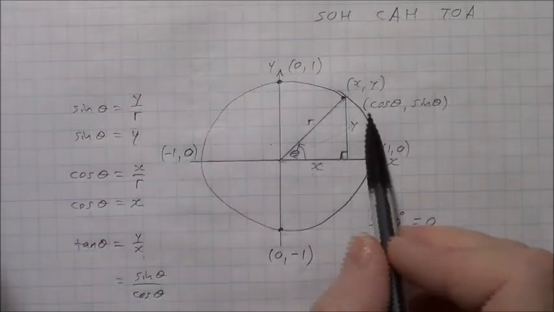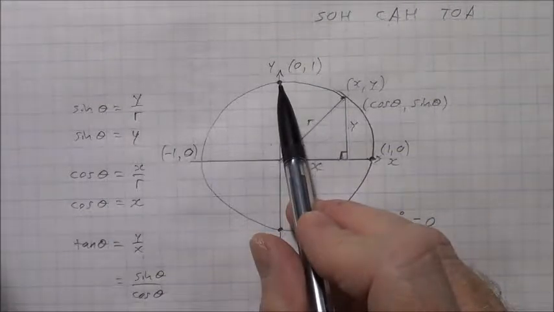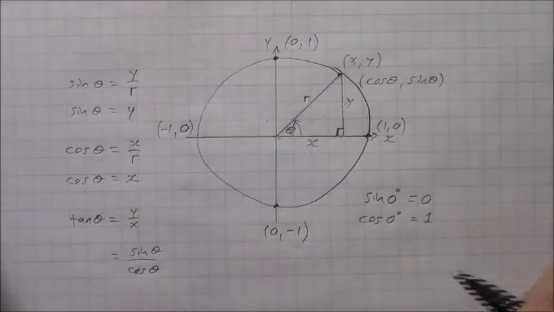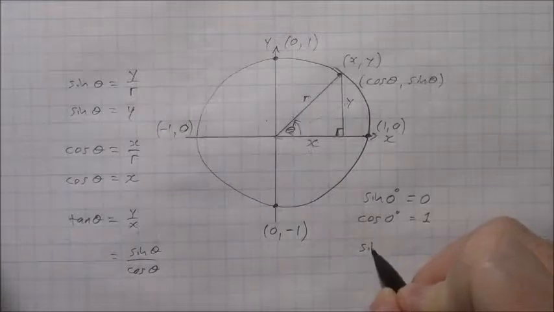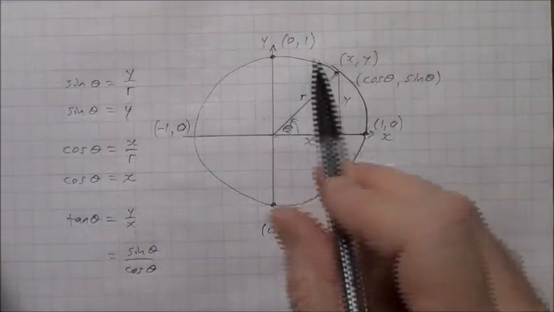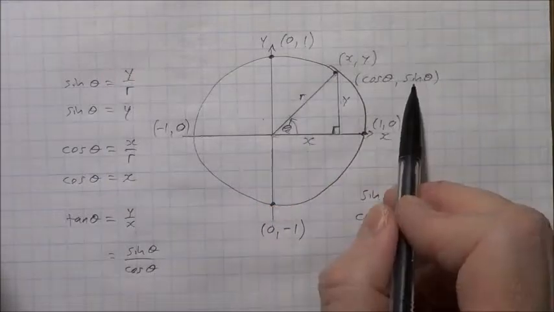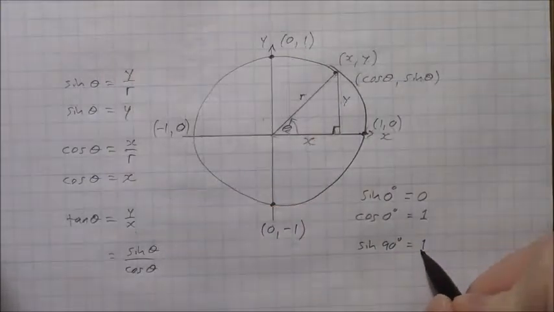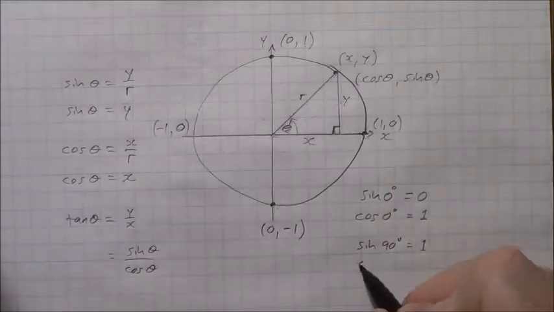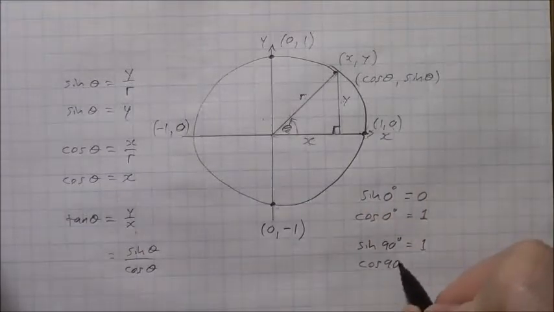We can rotate this up to 90 degrees, or what's also determined as pi by 2. Sine of 90 degrees is the second coordinate, so it's going to be 1. And the cosine, because that's the first coordinate, is going to be 0.